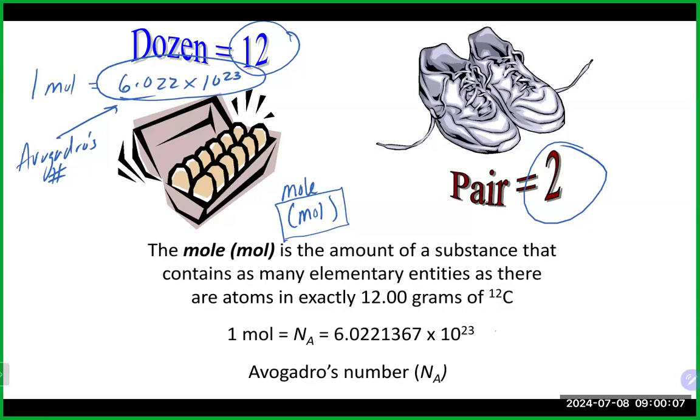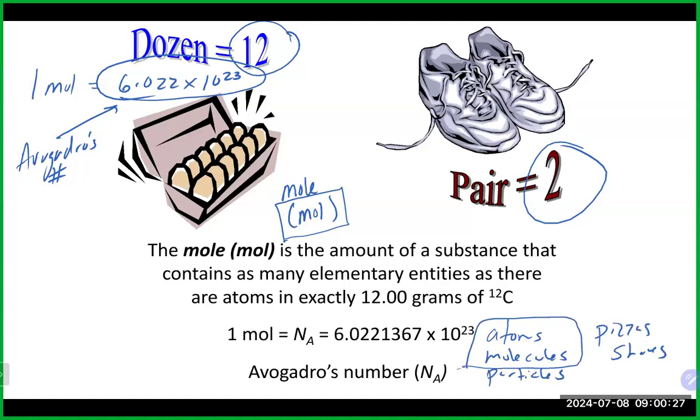These could be atoms, if you're talking about atoms, they could be molecules, if you're talking about molecules, could be particles, could be pizzas, or shoes, whatever it may be. I would say probably in most cases, atoms or molecules are the most common unit that is used with Avogadro's number.